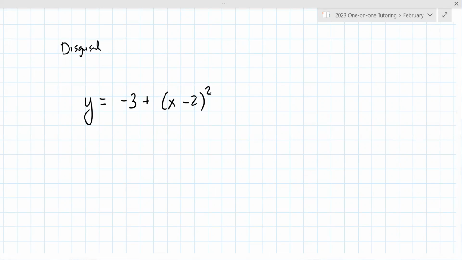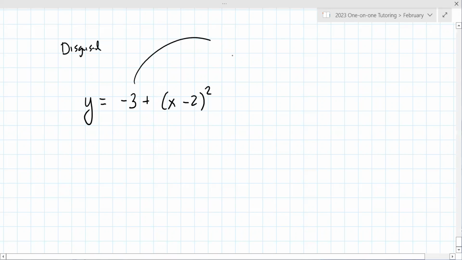Okay, so let me give you another one here. This one's going to be disguised, so I'm telling you that in advance. Hopefully that will help. Let's say y equals -3 plus (x minus 2) squared. I want the transformations of this. I recommend a rewrite. Can I move the -3 to the other side of the equation?